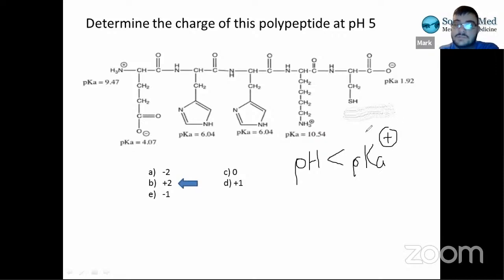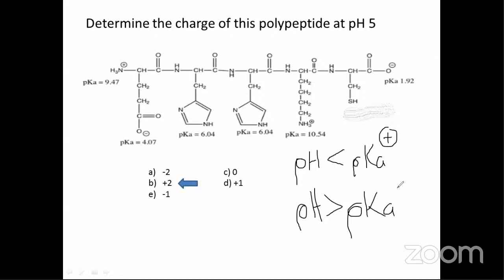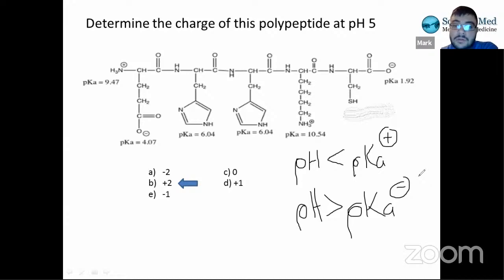It doesn't necessarily mean it has a positive charge, just that it's protonated. And if the pH is greater than the pKa, that means the molecule is more acidic. It will act as an acid, and it will give up its proton. Again, it doesn't necessarily mean it has a negative charge. I'm just writing negative to show that it's deprotonated, right?